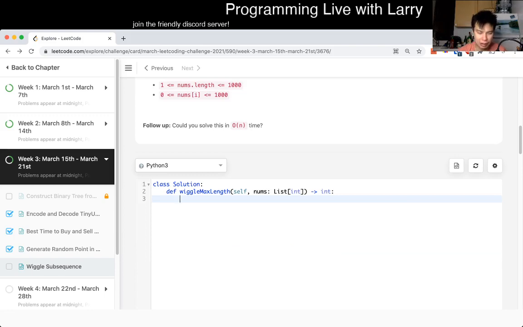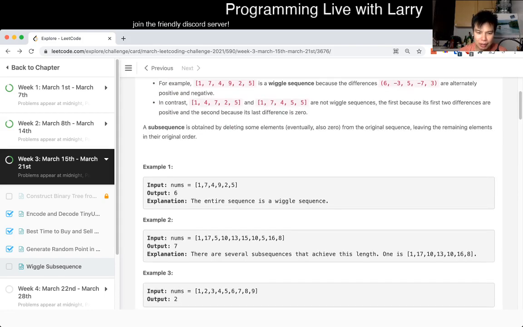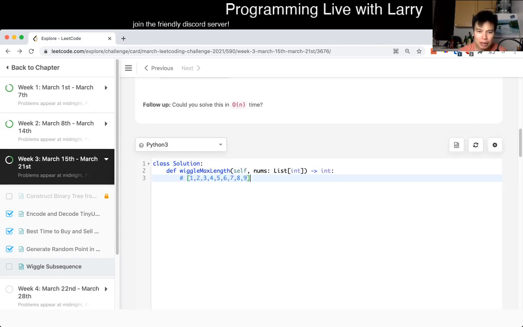I think an observation that you can make is that, let's say you have an increasing sequence. Let's say you have this number, right? So in a way of increasing sequences, you basically only keep 2 of these, right?